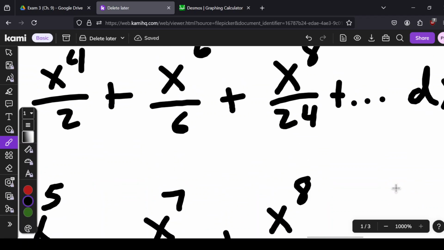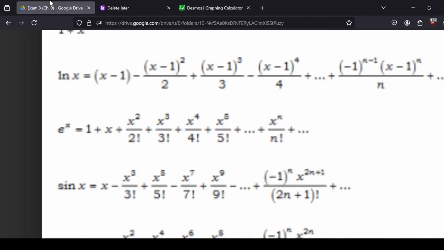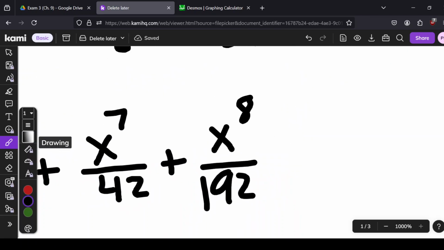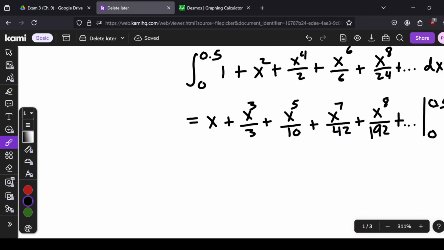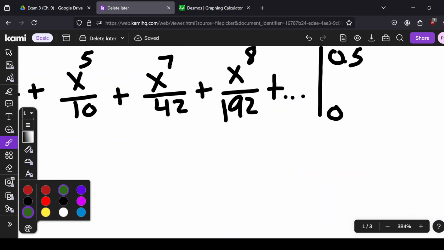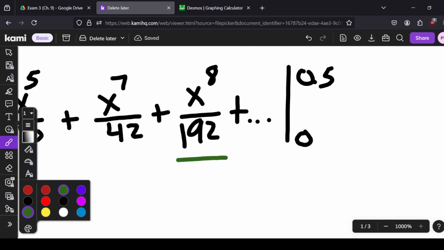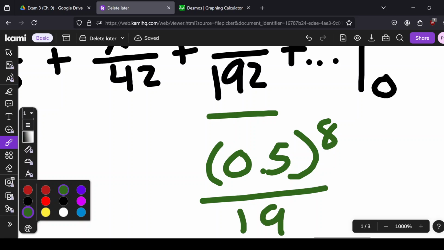What is that? 8, 4. Until now, got the best of me. 0 to 0.5. So we have to figure out which one is the correct one to start at. So we got 0.5 to the 8th over 192.